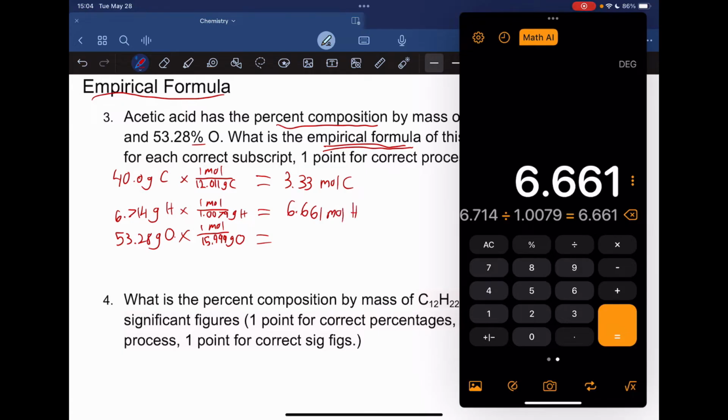I'm not too worried about sig figs yet because that's not our final answer. Also, this number right here is for sig figs anyways, and so is this number.